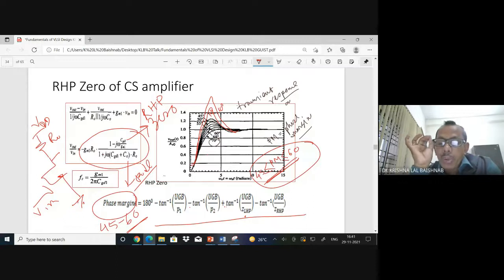This is the special case where it is an isolated pole or isolated zero. In the case of poles, negative 90 degrees, we say isolated pole. And in the case of zeros, we call it plus 90 degree phase shift. But this is all for isolated. If it is not isolated, this figure is not correct. It may be maybe 40 degrees, maybe 70 degrees, if they are not isolated poles and zeros.